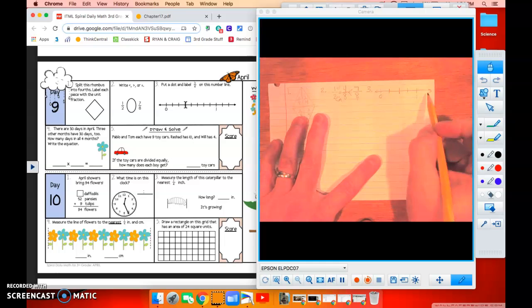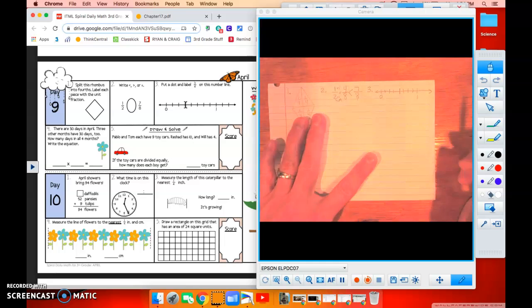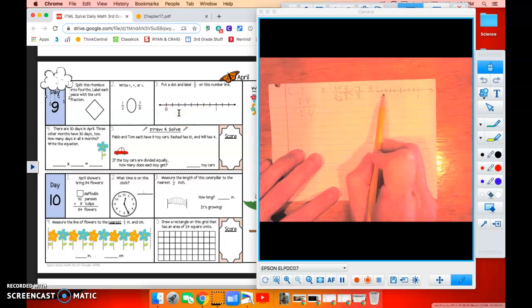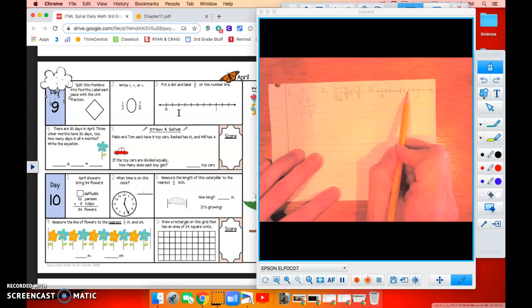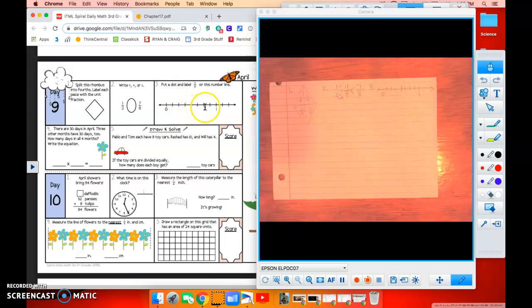Split those in half. And then I'm going to split all of these in half. So if I did that correctly, I should have a total that matches this over here. So I got 0. And then I see 1, 2, 3, 4, 5, 6, 7, and 8 is the line on the 1. And I want 3/4.